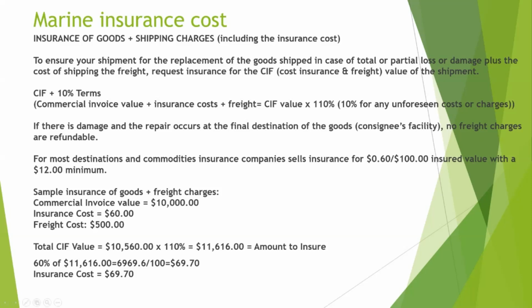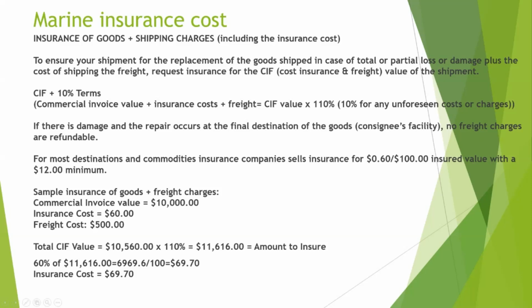So CIF equals 110% terms. Simply we need to consider 10% on top of the total value. So commercial invoice plus insurance plus the freight gives the CIF value, times 110%, 10% for unforeseen costs or charges.